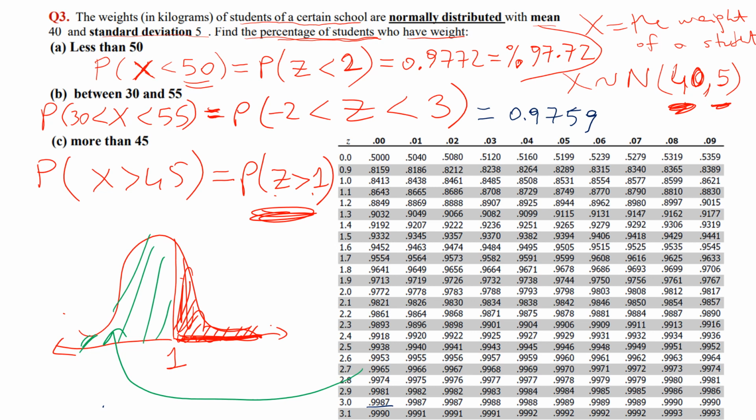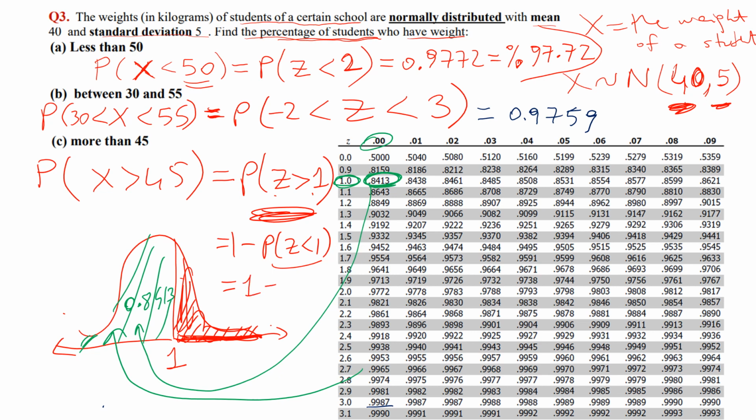If you look at 1.0, this value corresponds to 0.8413 of the green part. So what is the red part then? It will be 1 minus the probability that z is less than 1, which is the green part from the table. So it's 1 minus 0.8413, and the answer will be 0.1587.